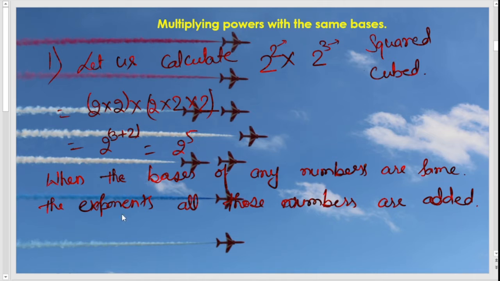Take this example again: 2 to the power 2 into 2 to the power 3. When the base is the same, write 2 as the base, and in the bracket 2 plus 3. The solution is 2 to the power 5. Here the base was the same, the exponents were added, and the answer is 2 to the power 5.